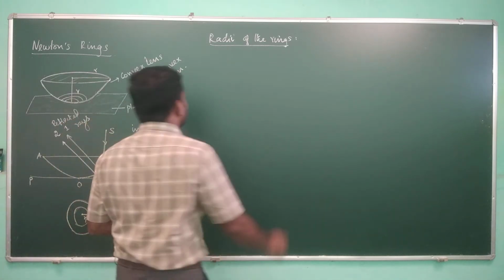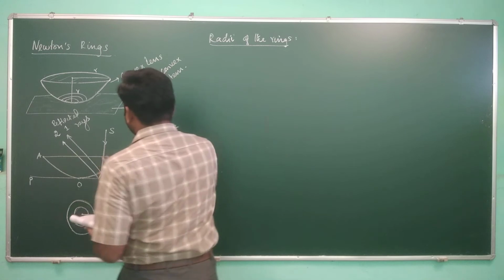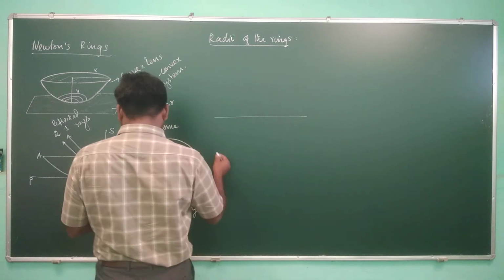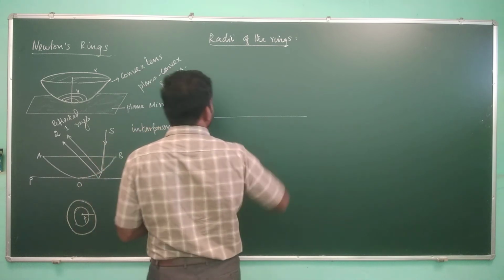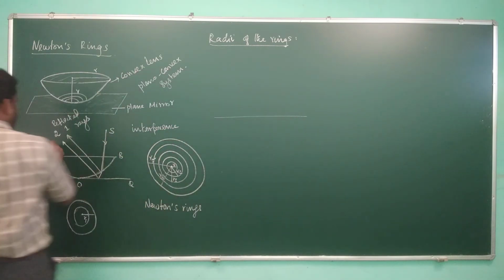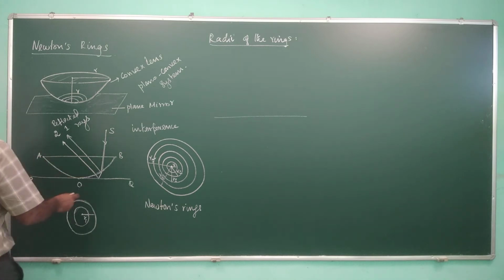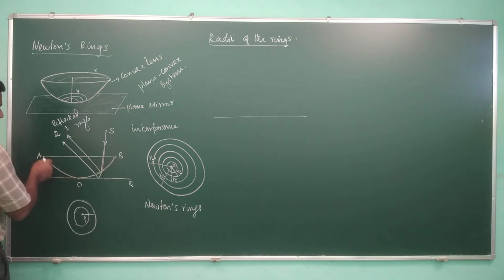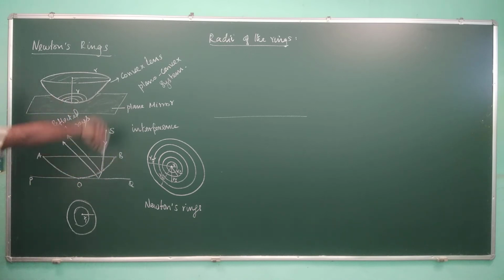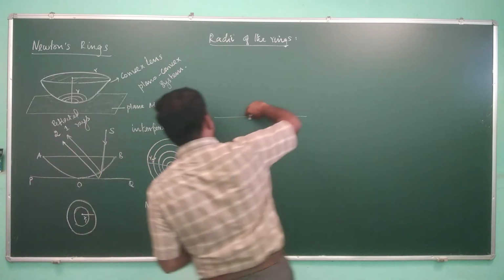And see, let us draw the plano-convex system like this. So this is the plane lens, and let me complete the entire system with the circle. This is a portion of a plano-convex lens. This is the curvature, and when I extend this curvature, it will create a circle.